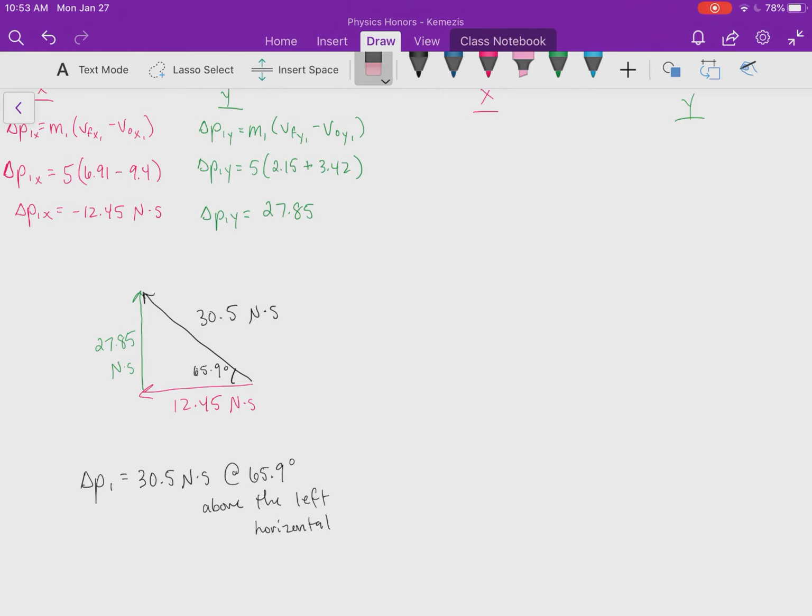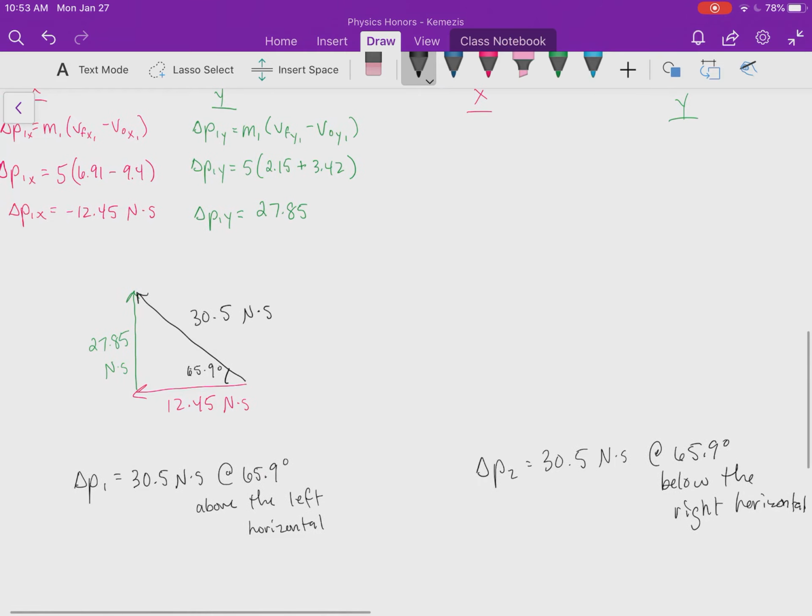If you feel confident in your math, you can just say delta P2. We can come in and write it, right? 30.5 Newton seconds at 65.9 degrees below the right horizontal.